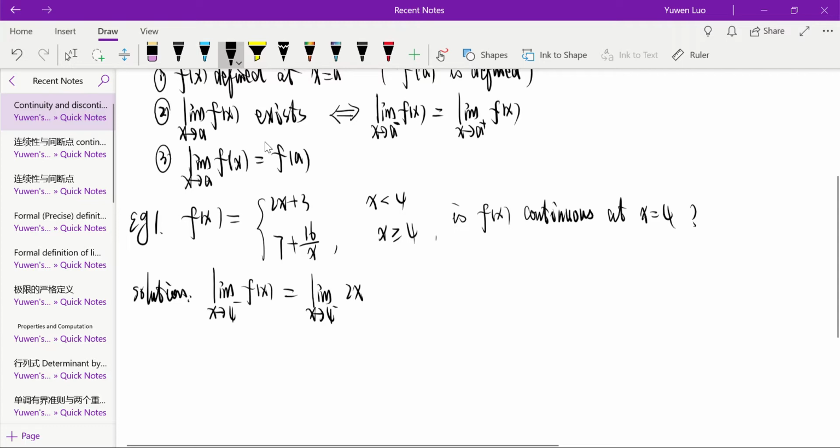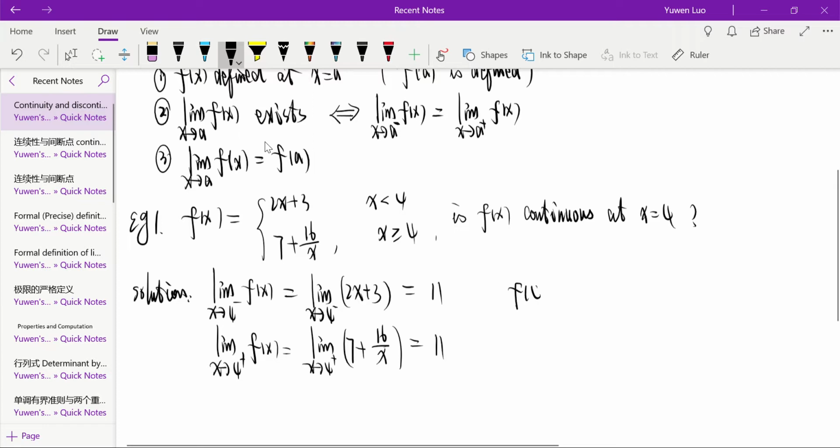The expression for f(x) at x less than 4 is 2x plus 3. As x tends to 4, that is 11. And the right limit: the expression for f(x) at x greater than 4 is 7 plus 16 over x, that is 11 as well.